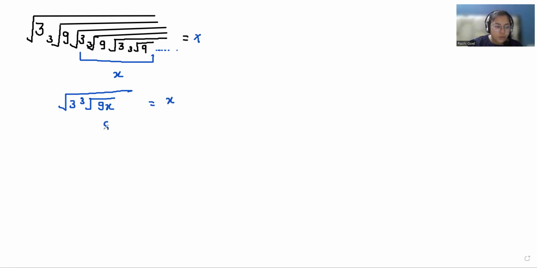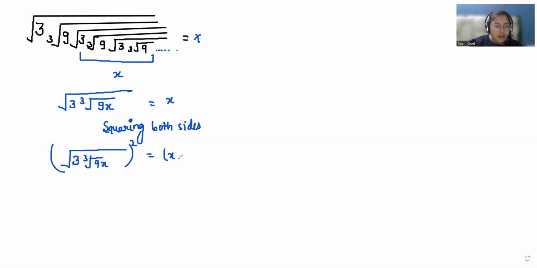Now I am squaring both sides. So square root of 3 cube root of 9x whole square is equal to x square.